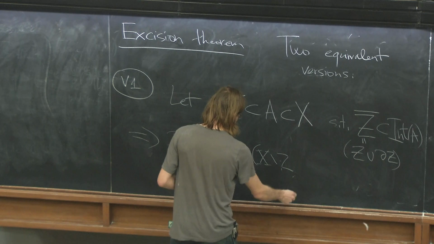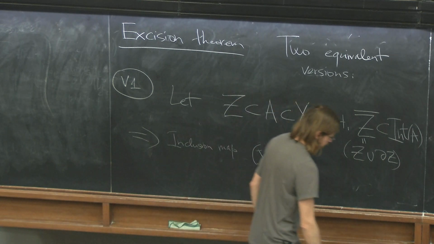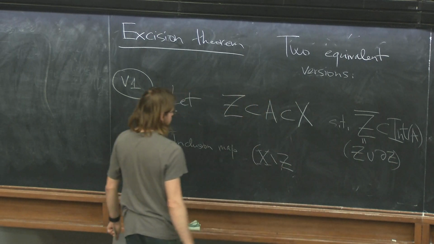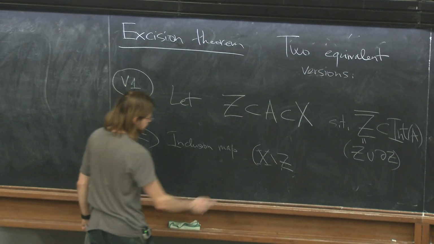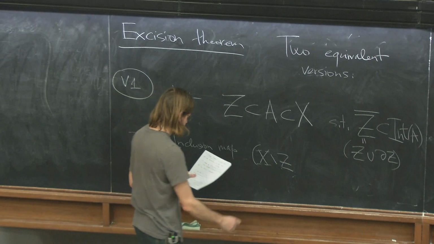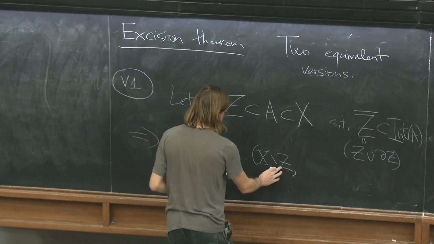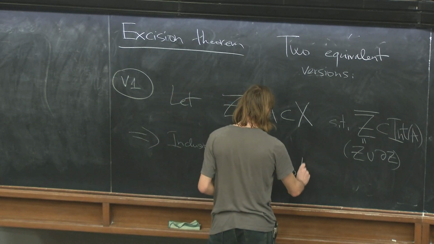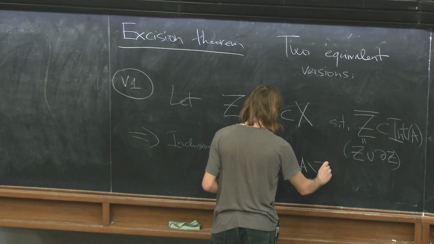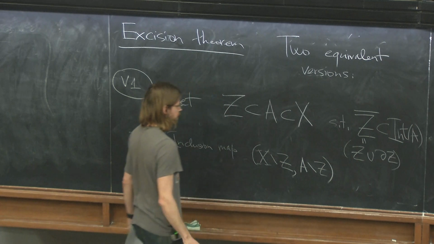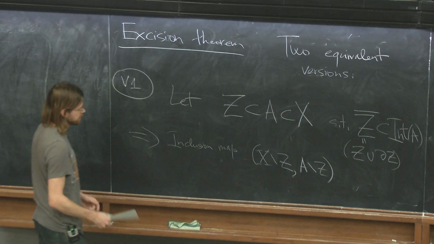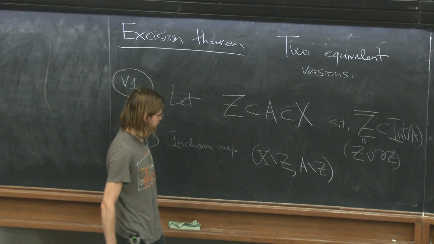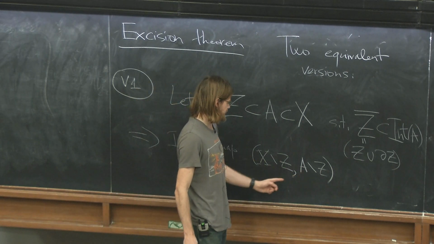The first pair is the complement of Z in X, the ambient space in the pair, and the subspace there is the complement of Z in A. Of course, because of these inclusions, this is a subspace here.